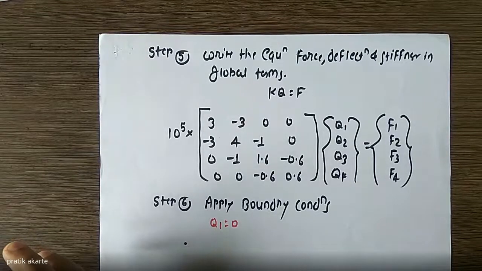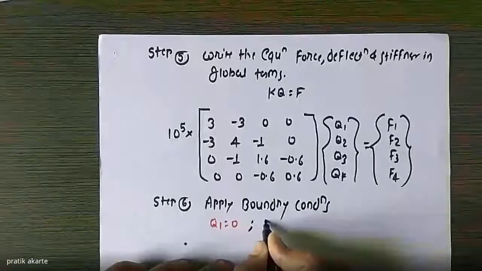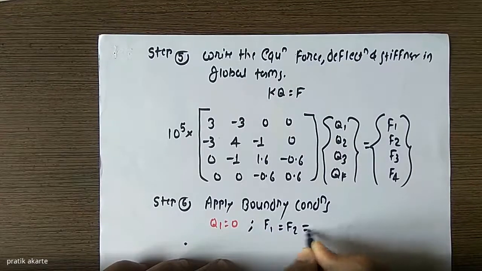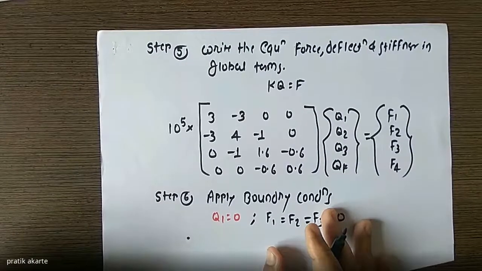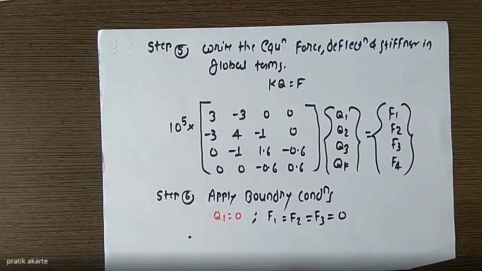And external forces on the nodes F1, F2 and F3 are all 0. Is there any external force on node 1, node 2, node 3? There are no external forces, and we say that internal forces we are neglecting by the potential energy approach.